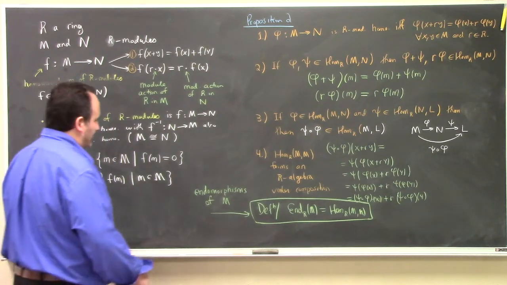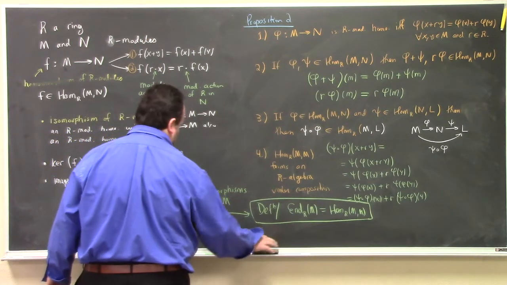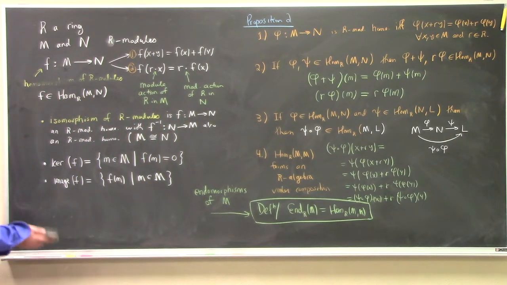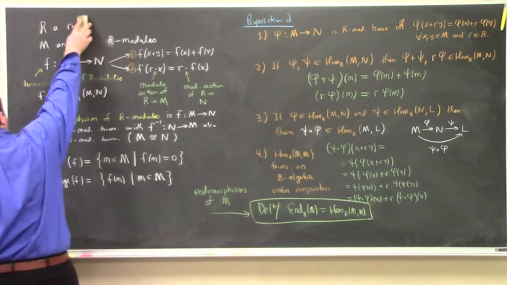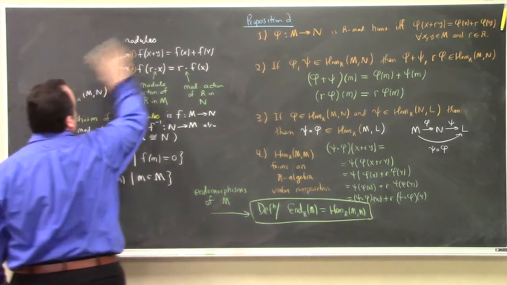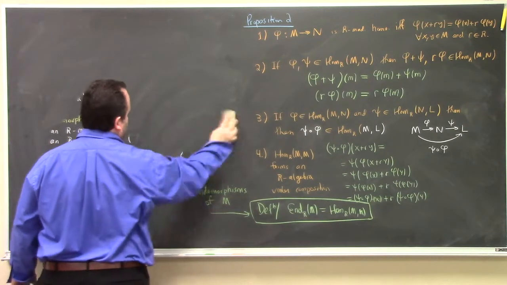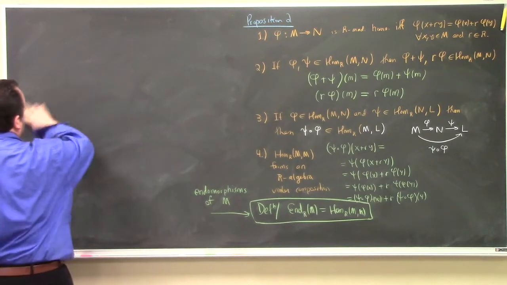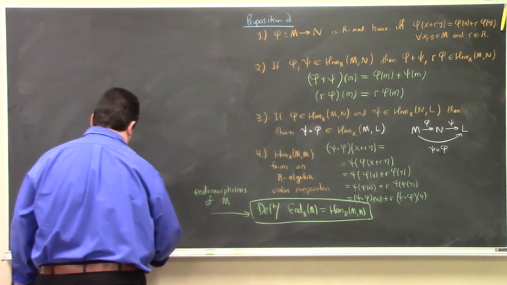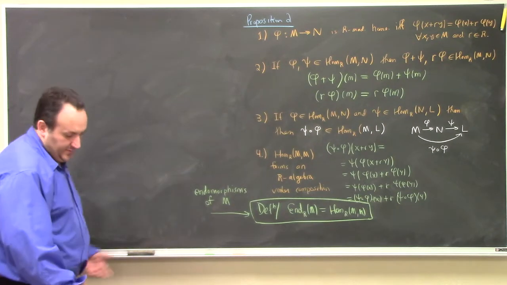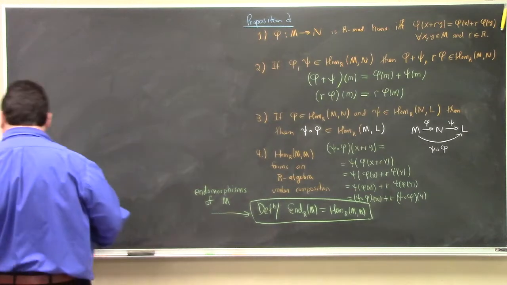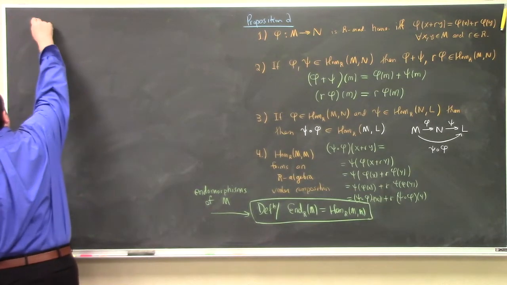After we do all of this in linear algebra, the next thing we do is look at quotient spaces. Since M is an additive group under addition, a module is an additive group under addition. This is Proposition 3.